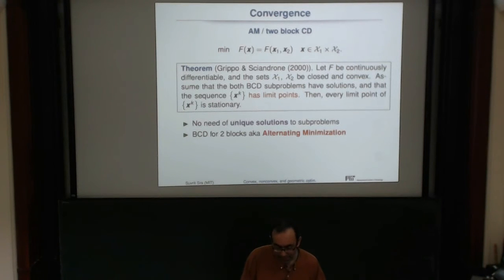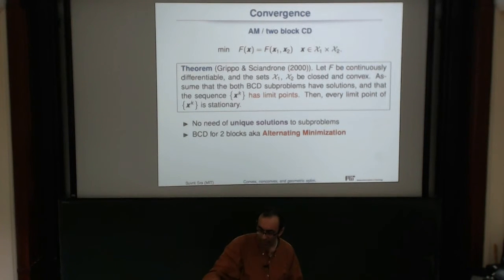So the result that is there is more from the generalized block coordinate descent theory from Paul Tseng and Zhi-Quan Luo, which says that if the non-smooth part is separable, so if the non-smooth part separates out, then coordinate descent cannot get stuck at a corner.